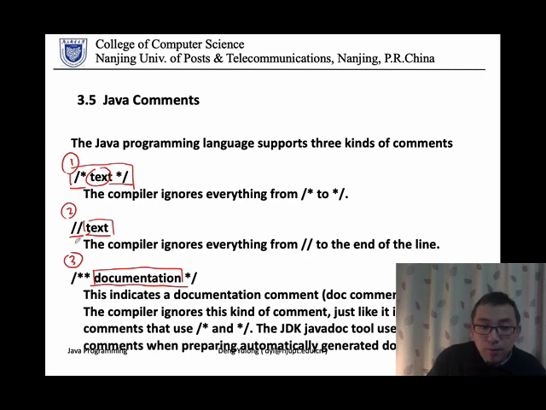Among the three methods, the first and second we have used in C or C++ language. But the third type of comments is only supported by Java. It is named documentation comments. That means these comments can be converted to Java documentation.